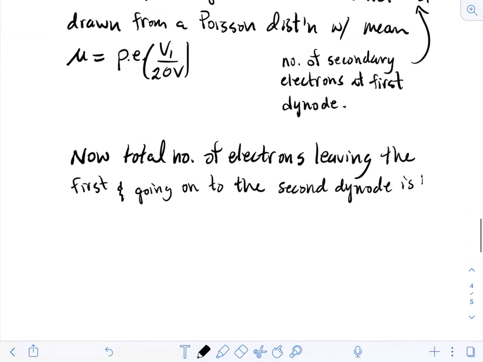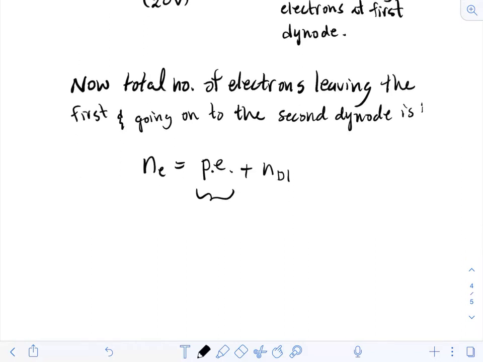So the number of electrons is equal to the number of photoelectrons that were originally coming in from the photocathode plus the number of secondary electrons which was generated from the Poisson distribution.